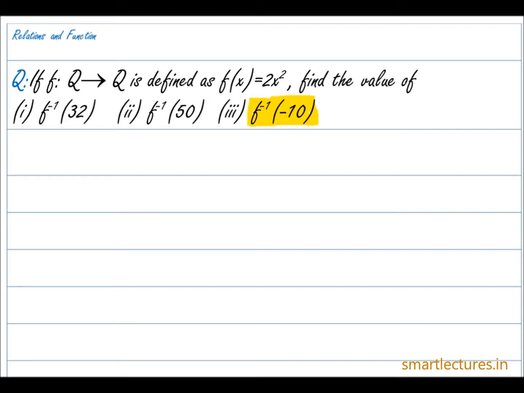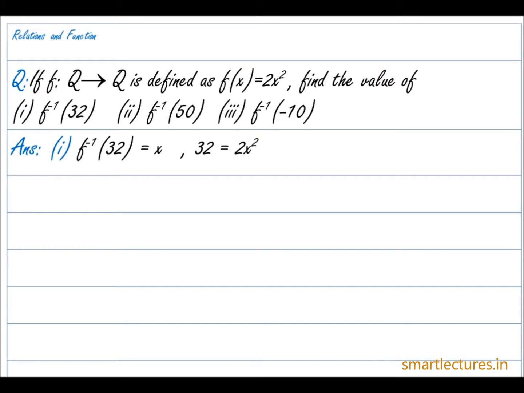Now we have to find the value of x for which f has a value of 32. So let f inverse 32 is equal to x. Now f of x is equal to 2x square. So we can write 32 is equal to 2x square.